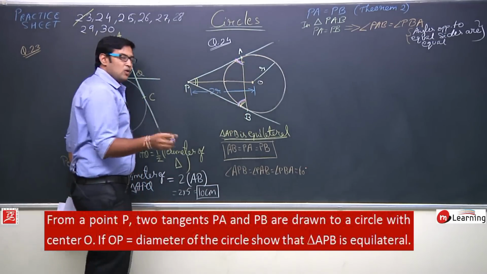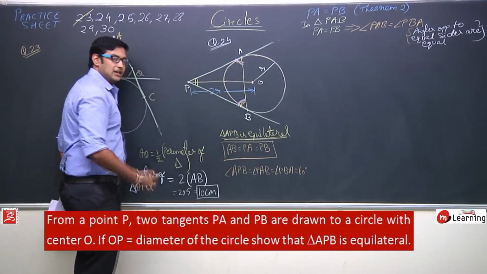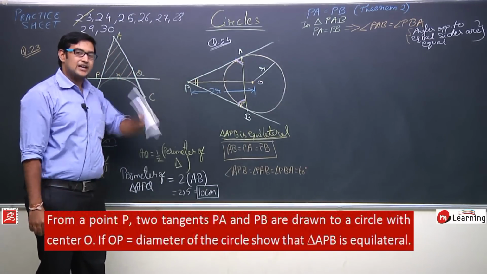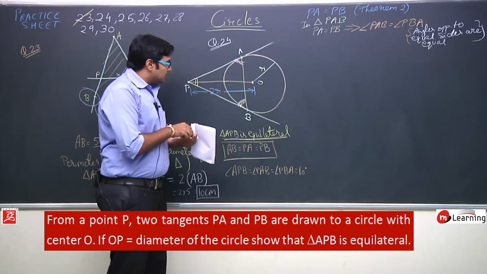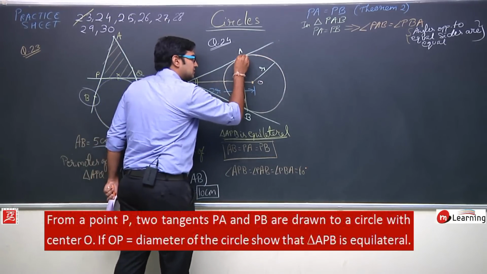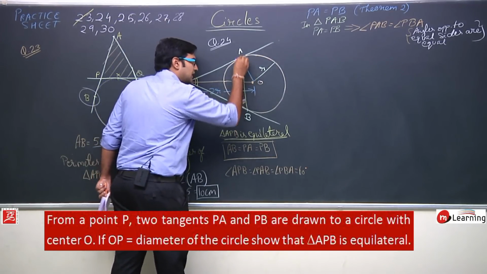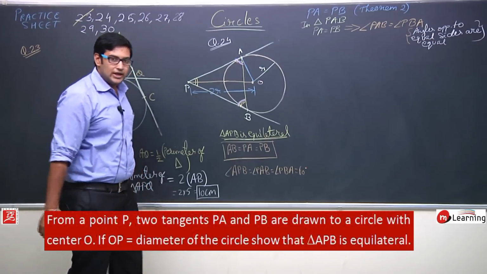Now, if somehow I prove that this angle is also equal to this angle or equal to this angle, it's done. I can prove that this triangle is an equilateral triangle. So let us try to deduce this condition. Now, if I join this center with this point of contact A, if I join O and A, so what is OA?